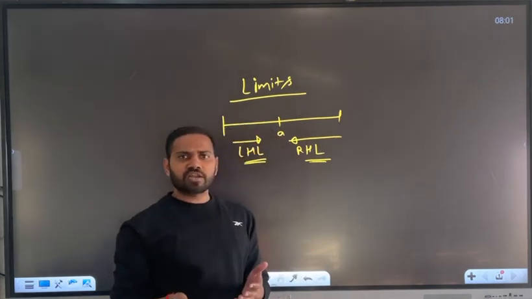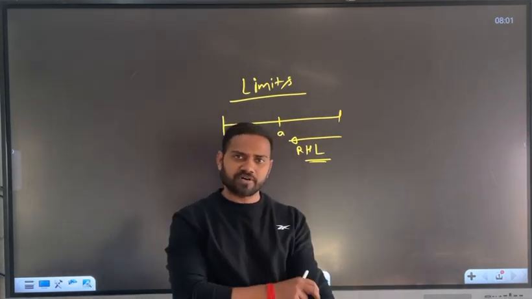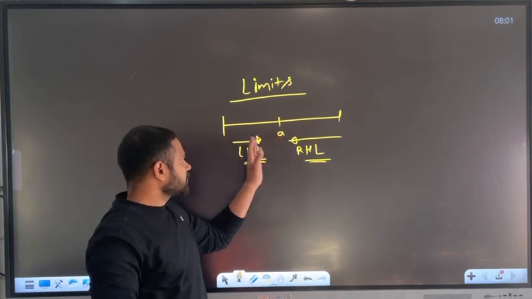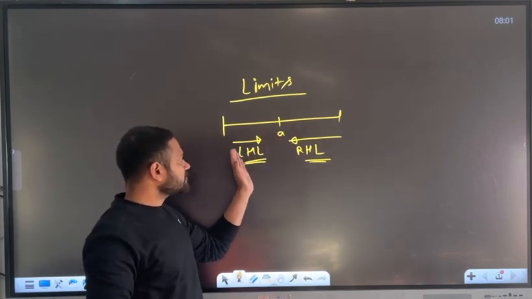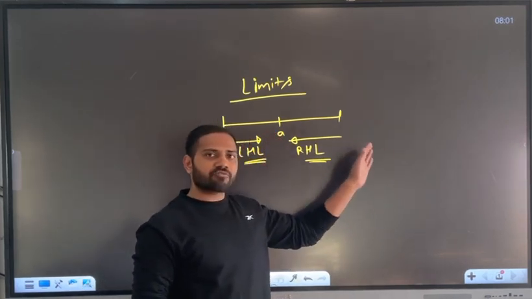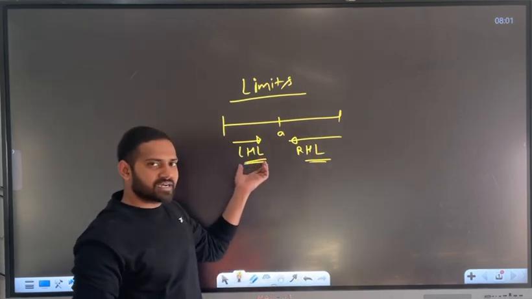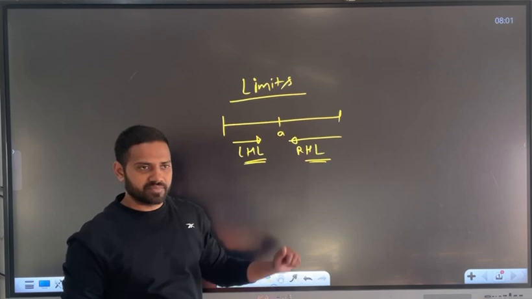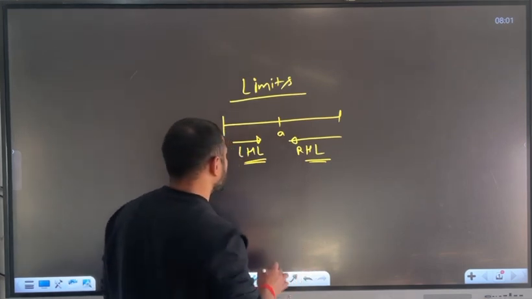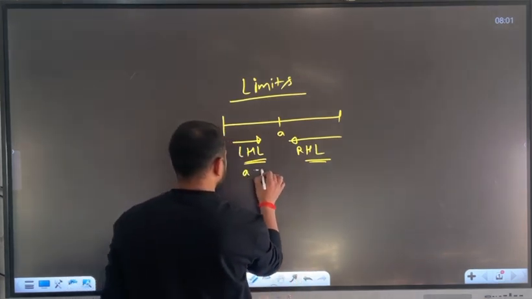So in order to calculate the approximate value of a function at a given point, we can approach either from the left hand side or from the right hand side, and respectively it is called left hand limit and right hand limit. So suppose that the point is a is equal to 1.